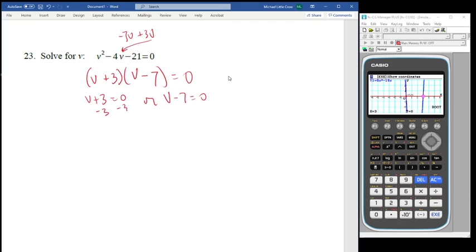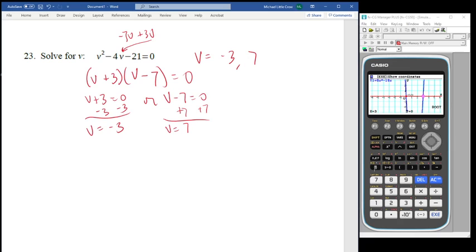Subtract 3 from both sides, v equals negative 3, or just see, if I put a negative 3 plus 3, I'm going to get 0. Add 7 to both sides, v equals positive 7. So our two answers, v is either negative 3 or 7. Those both give a resulting value of y being equal to 0.